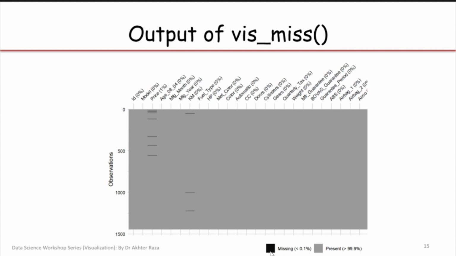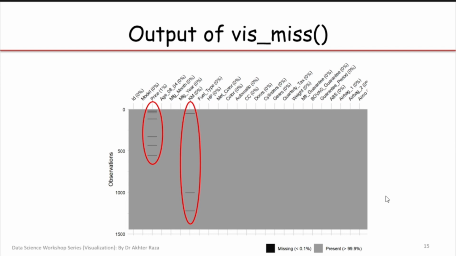The missing data is shown by dark dots or by the blacks, and the gray is indicating that we have the data over there. So for 99.9% of observations we have the data, but less than 0.1% elements are missing in our data. So these are the missing numbers in my data set.